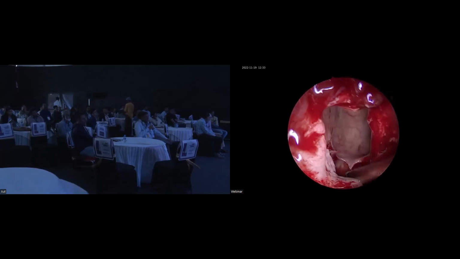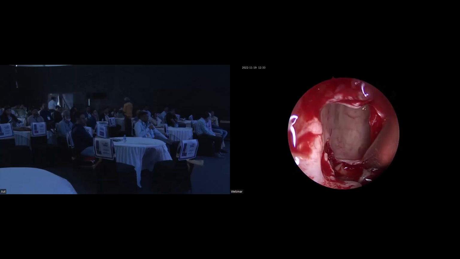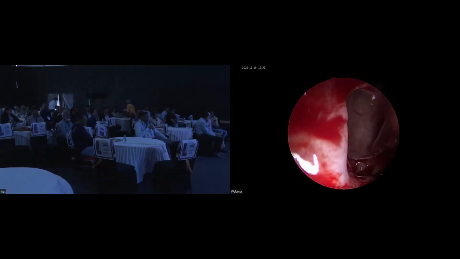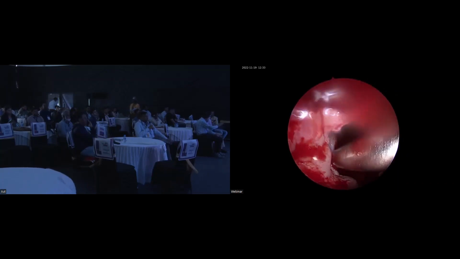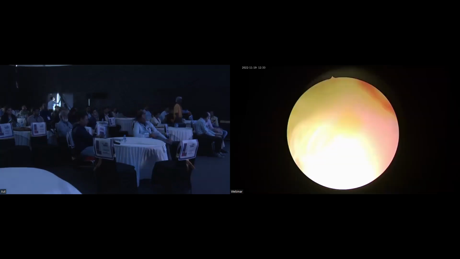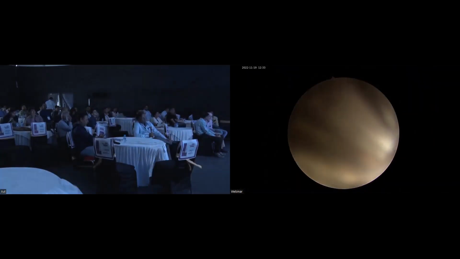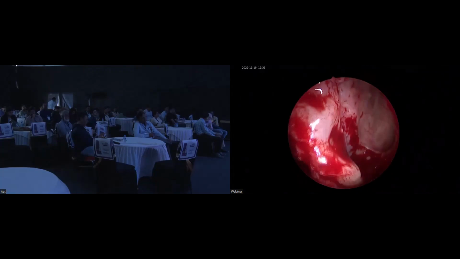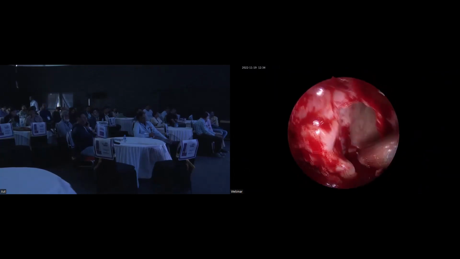In the scan, the maxilla looks very much diseased, but you saw the little polyp which had shrunken. I removed it, a medical polypectomy. So a lot of medical management of the polyposis had taken place, and that's why the disease is far less than what it was in the scan.